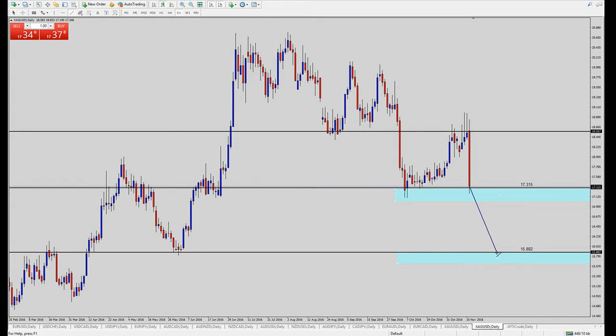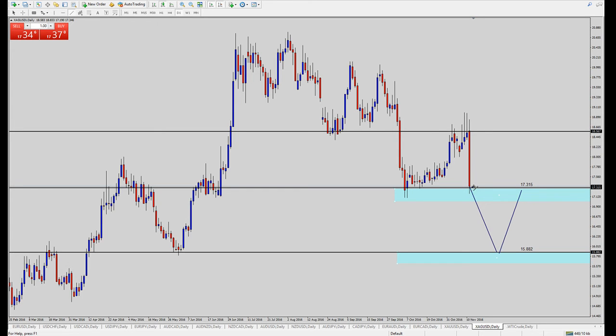And if we get bullish confirmation in this area, we're looking for it to come back up to the 17.31.5 zone.